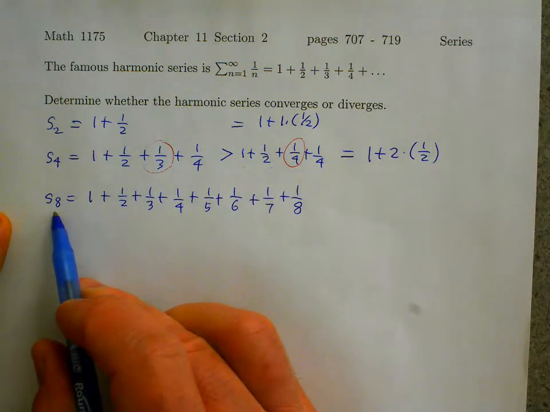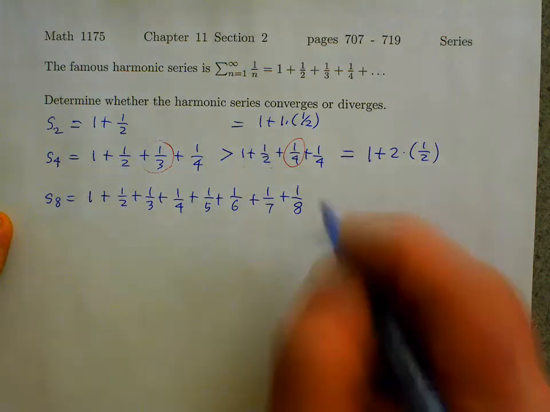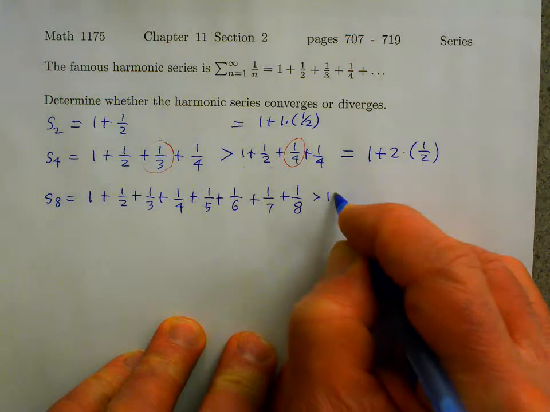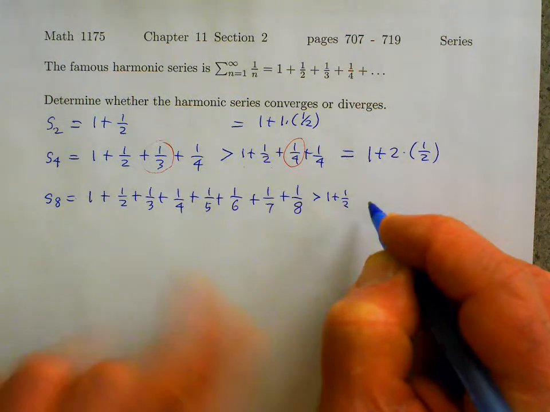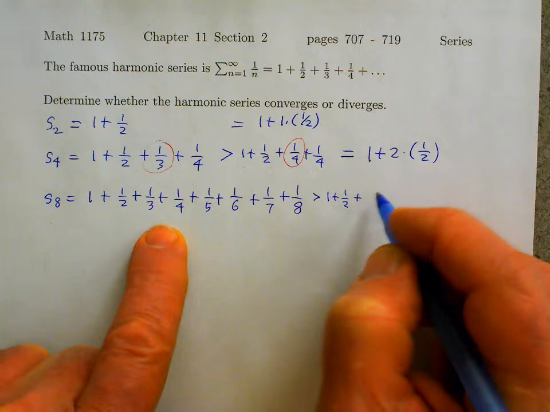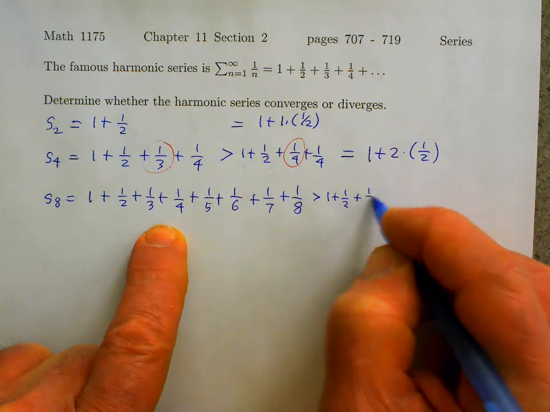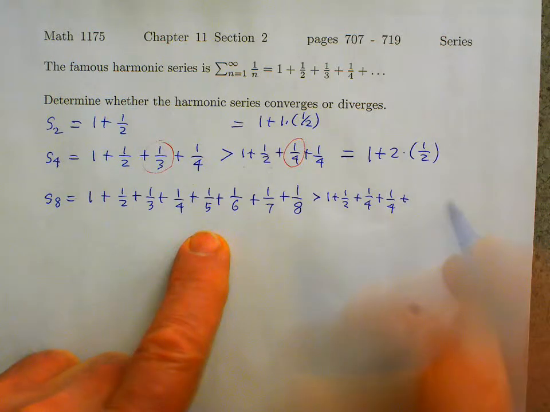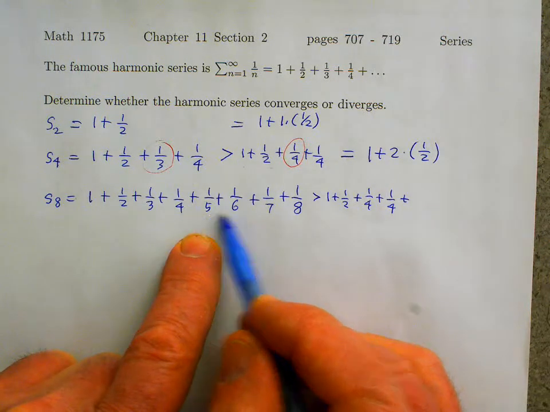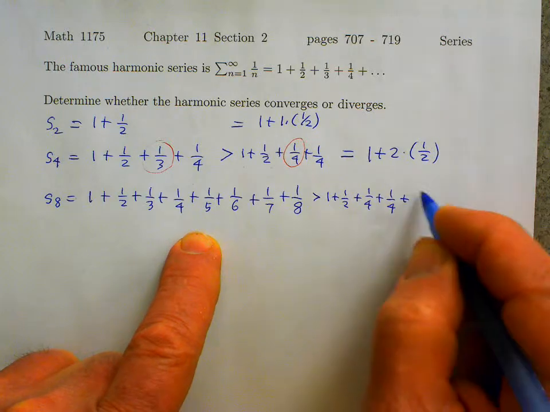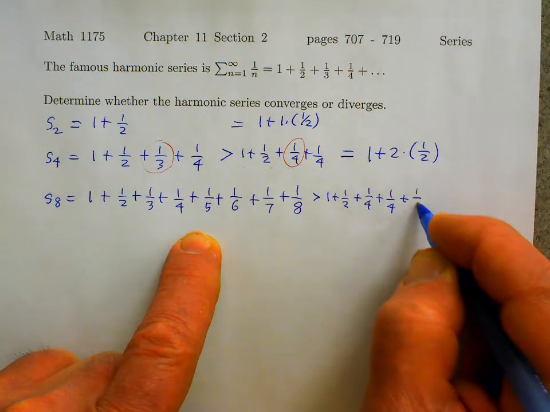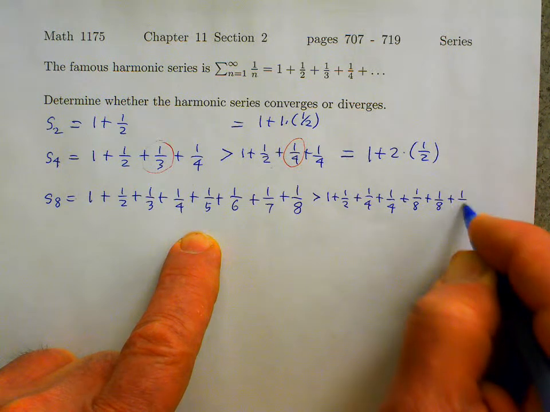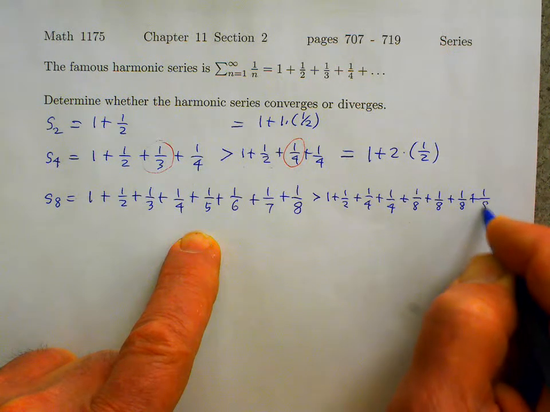The 8th partial sum of the harmonic series is greater than 1 plus 1/2 plus 1/4 plus 1/4, and for the last 4 terms, I'm going to replace those with 1/8 plus 1/8 plus 1/8 plus 1/8.